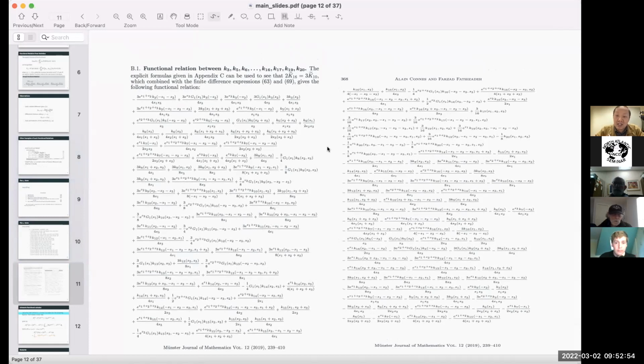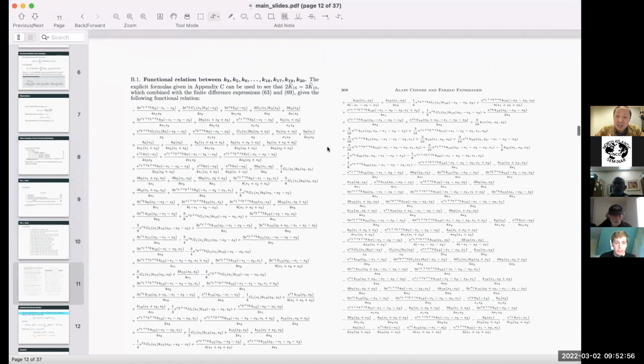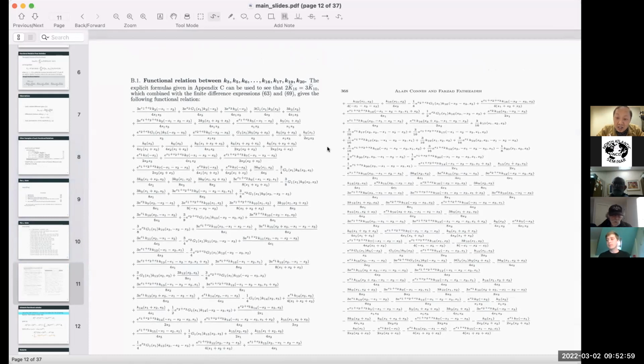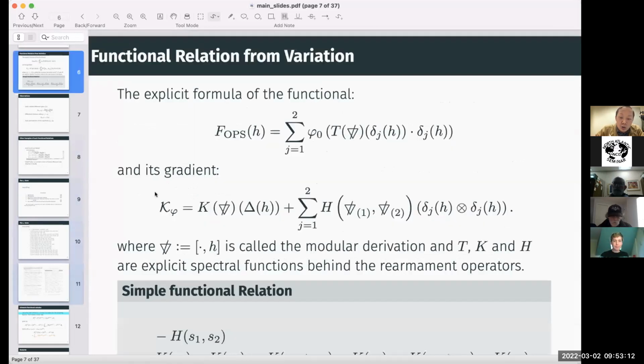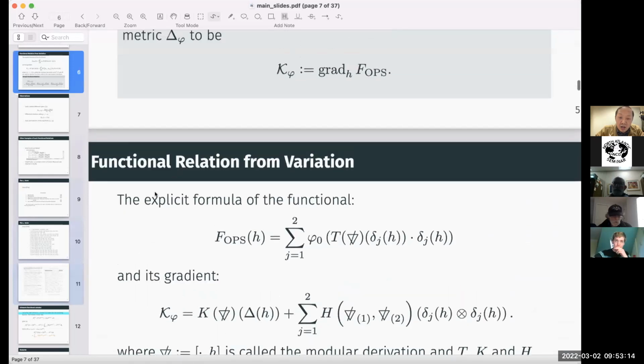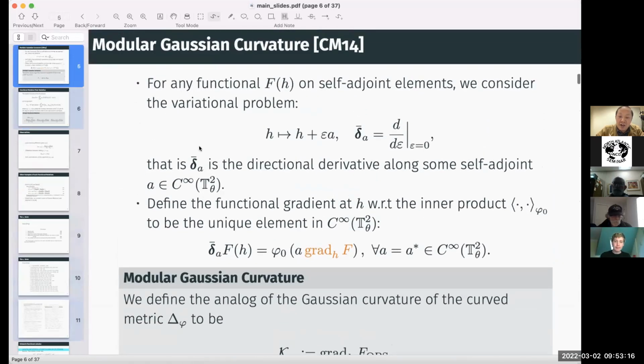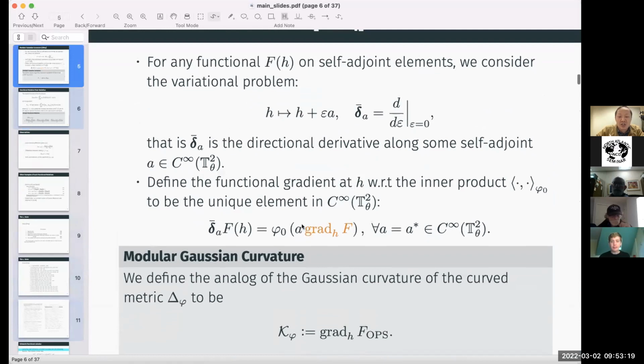Was this formula for the A4 term, was a computer used? How was a computer used to get this formula? It's a similar way: you have to compute some variations, similarly some gradient like that. Well, I'm just asking if a computer was used.